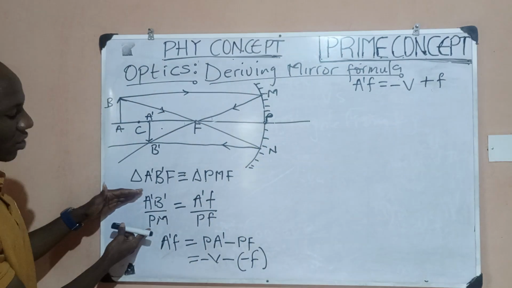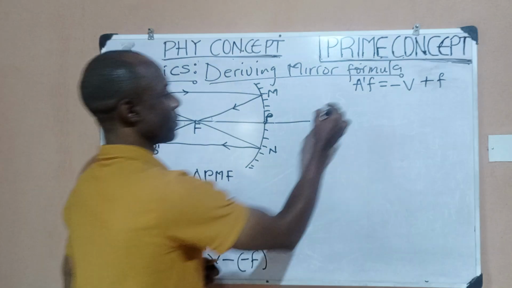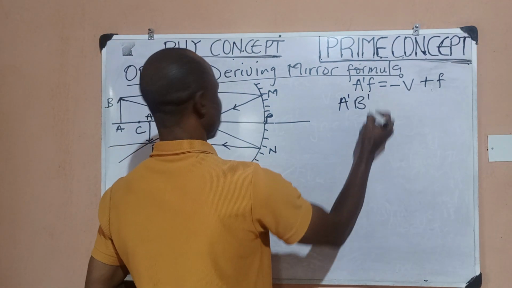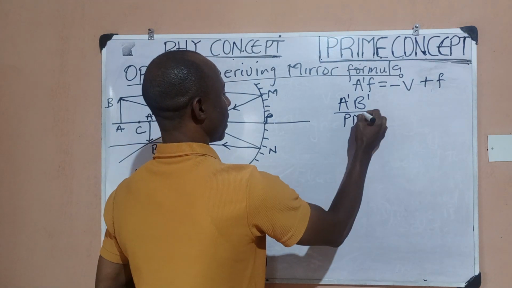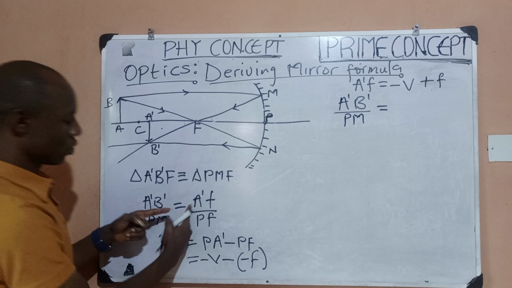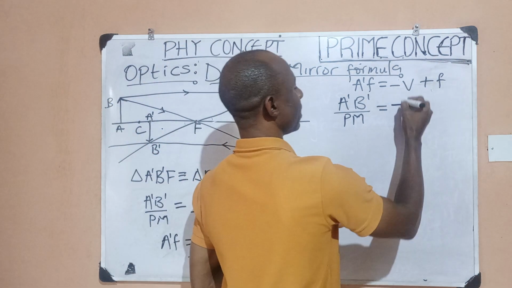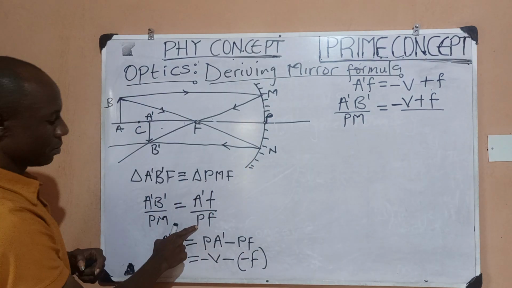Yes, so I'm going to substitute back into this equation. The ratio A prime B prime over PM should be equal to what? A prime F. And what is our A prime F? It is now negative V plus F divided by PF.